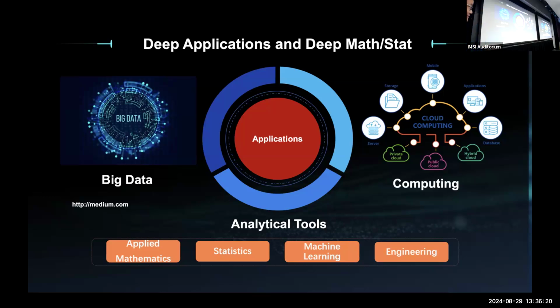The most important thing is that we need to do a lot of deep applications, not just talk with people. Statistics alone is of course not enough. You need a lot of knowledge from applied math, statistics, machine learning, and engineering. All are important.